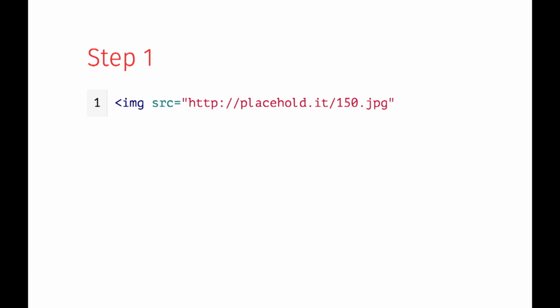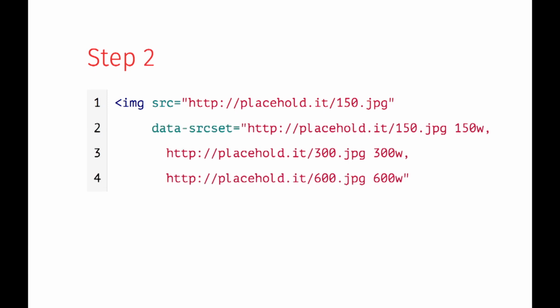And we require just 5 steps. The first step, we add a regular SRC. You see that I specify a smaller image, the 150. It's in pixels, so we have width 150 pixels. We add data SRC set: 150 width, 300 width, and 600 pixel wide.